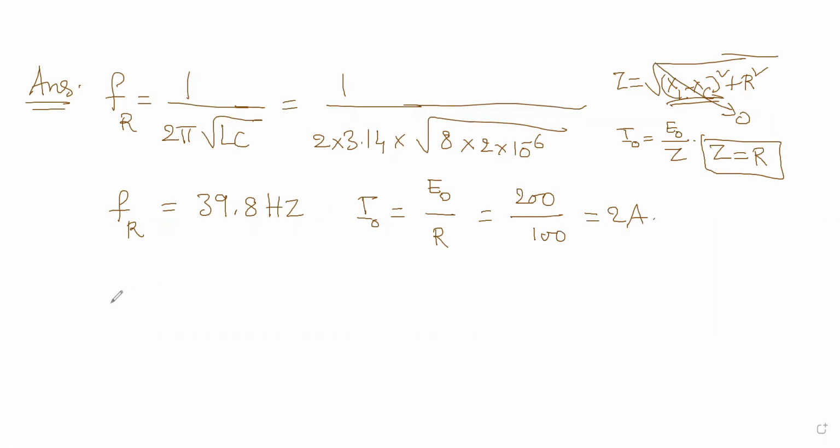And you can find the inductive reactance and capacitive reactance, both are the same. So that will be 2 pi omega L, no? So 2 pi F L. So 2 into 3.14 into F, the frequency they have given, 39.8, the resonance frequency we got, and now multiplied by that L, which is 8 Henry.